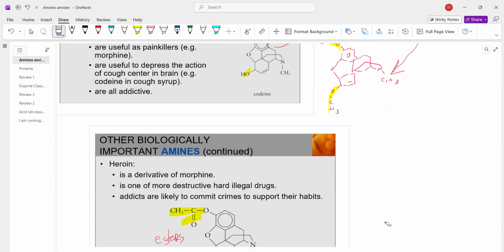So this would be, instead of an ether, you would have the acid chloride or the anhydride.